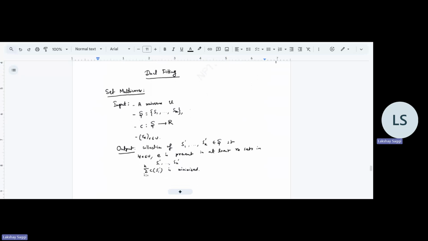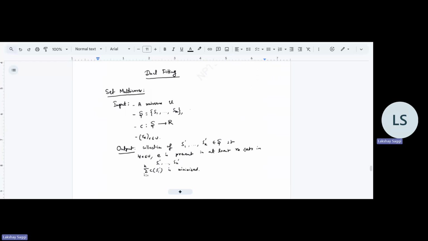Suppose you are given a universe U and a collection of subsets, each with some cost, and also for each element in the universe U, there is some value r_E. Now one has to select some subsets S1', S2', till Sk' such that for all elements E in the universe U, E is present in at least r_E subsets.